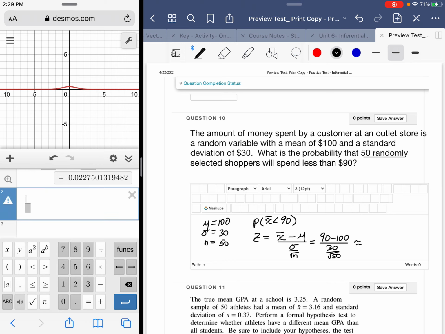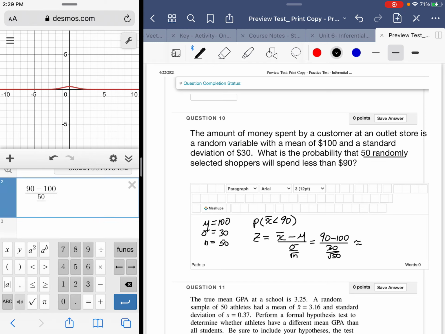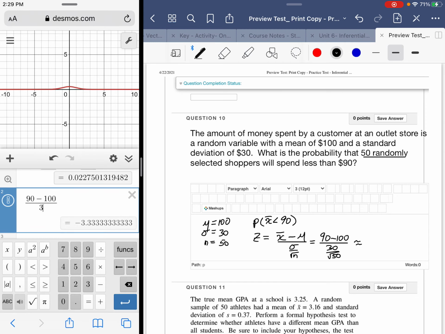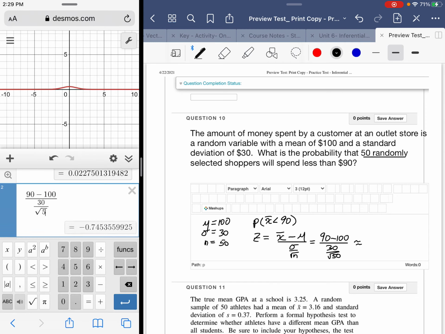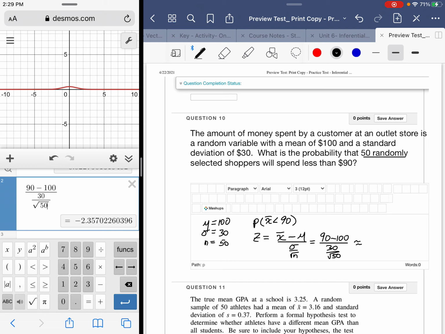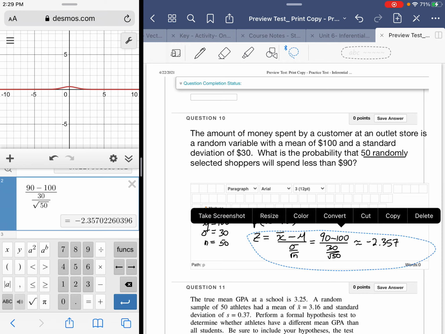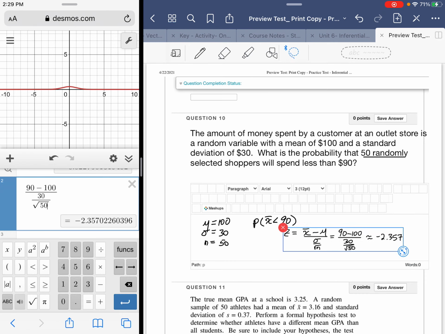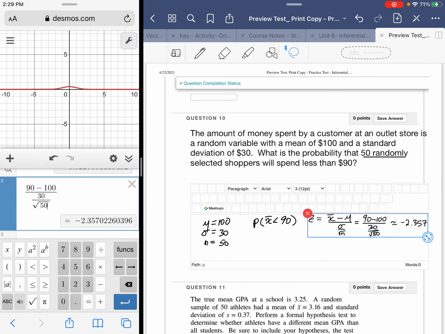So fraction 90 minus 100 over 30 over the square root of 50. So we're looking at a z-score of about negative 2.357. Now if we want to be as accurate as possible, the last question we didn't have a decimal value for z, so we didn't have to worry about it.